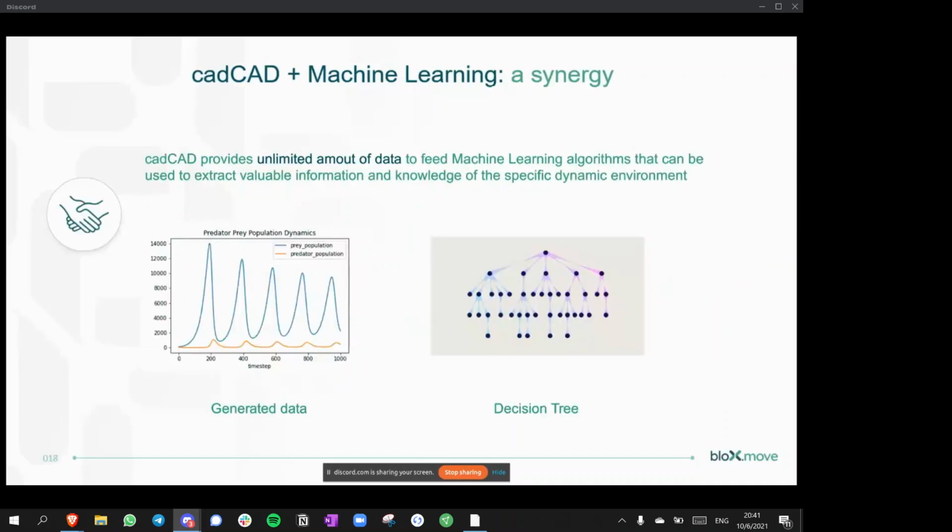So how can we merge these two technologies together? Of course, as I said, we can generate a lot of data and just process it. This is a kind of historical analysis, because they are disconnected in the way that the machine learning analysis tools are not running during the cadCAD simulation.